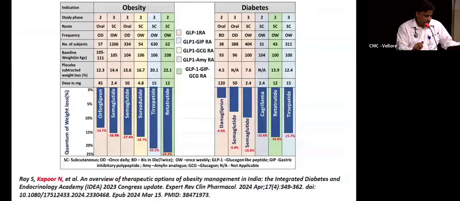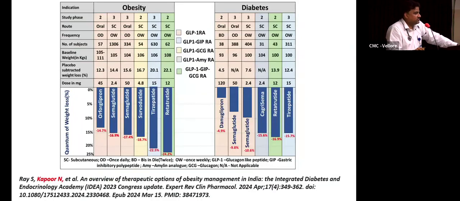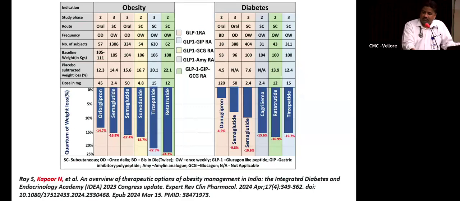So I think a good summary of all the drugs that currently have crossed phase 3 trials is on this slide. This is the paper we just recently published looking at diabetes, but I'll probably ignore that. We're taking you through all the drugs that we are having for obesity. At this point, the US FDA has approved tirzepatide and semaglutide injectable for obesity management.